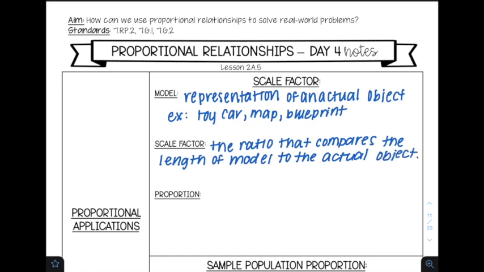And the actual object, we're referring to the real life. So the real life car, the real life size state or town or building that we're talking about.